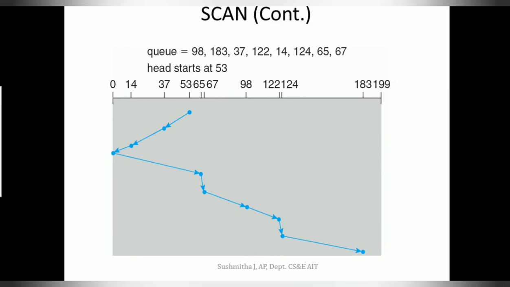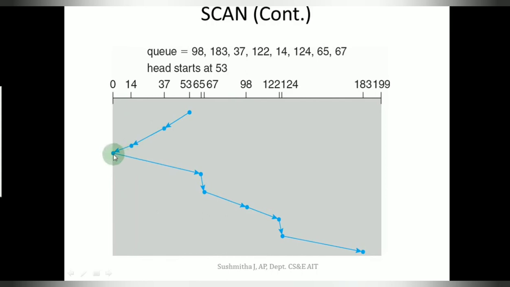Now again, my starting point is 53. So 53 is first scanning in one direction. When it is scanning, it is going to touch 0, and again it is going to come back to 199. From 53, on the way to 0, it has two requests that it can satisfy, that is 37 and 14.